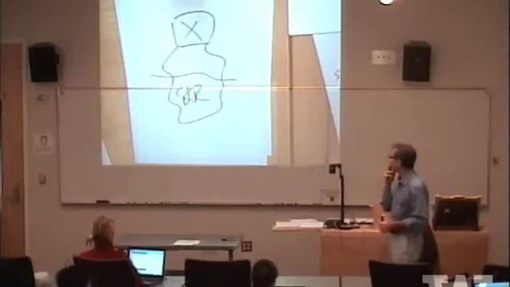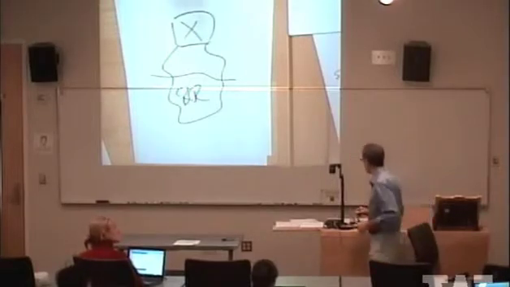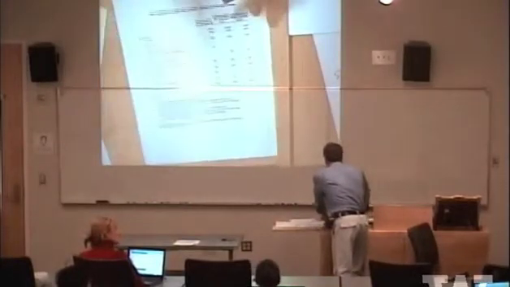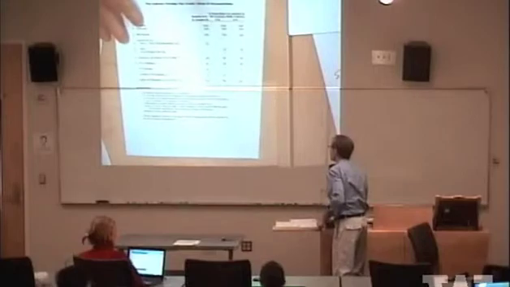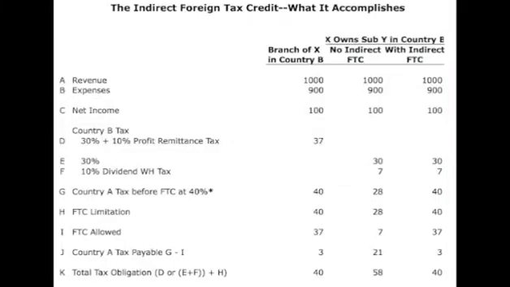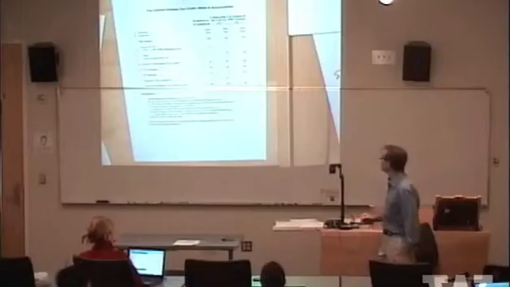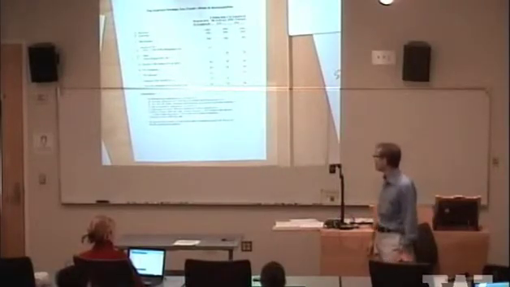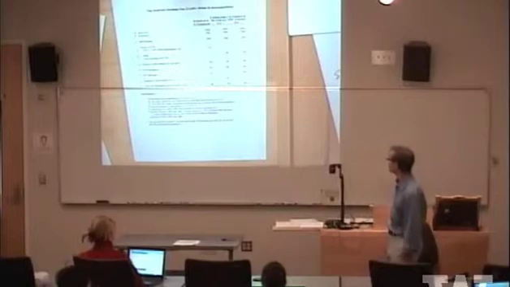Okay, so this is our situation first, and now we go back to this. We see, okay, revenue, let's say, is 1,000, expenses are 900, net income of 100.